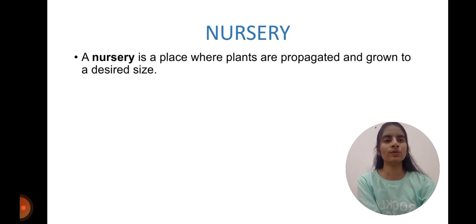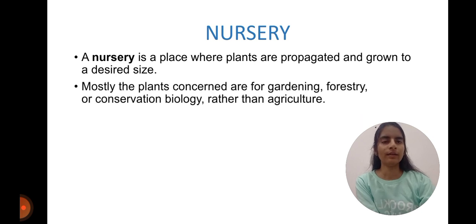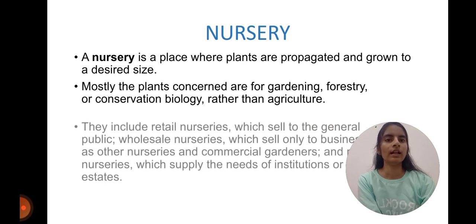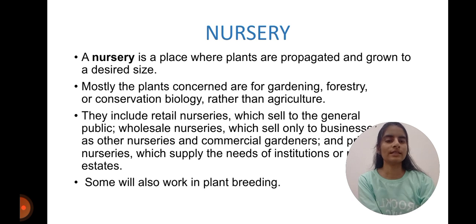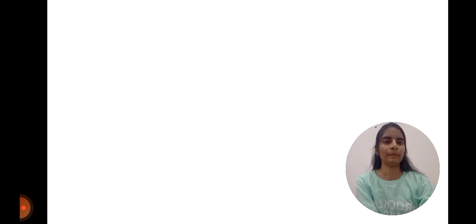A nursery is a place where plants are propagated and grown to a desired size, and mostly the plants concerned are for gardening, forestry, and conservation biology. This includes retail nurseries which sell to the general public and also work for plant breeding.